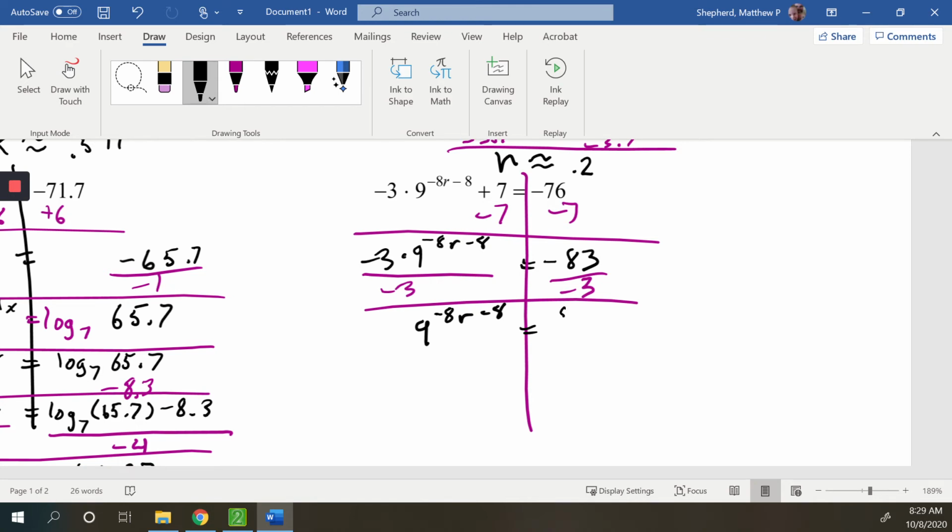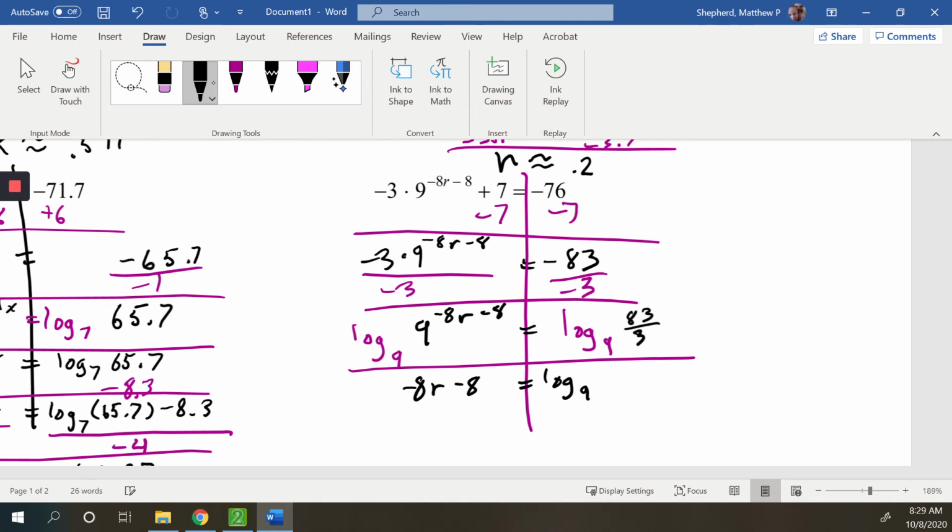A negative divided by a negative will be positive, which is good because, like I said, we cannot take the log of a negative number. So now we've got log base 9, log base 9, which will then lead us to negative 8r minus 8 is equal to the log base 9 of 83 thirds.